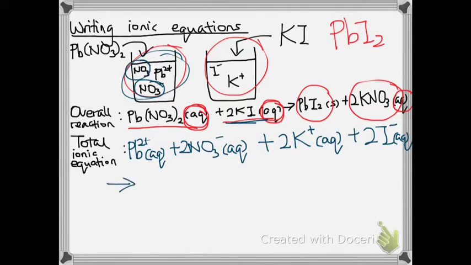Now, what about the products formed? For the products formed, we can see that here it is lead iodide being formed. This is a solid compound. Therefore, we will not split it up because it is not in the aqueous state. It does not split apart in solution, so we let it remain as a solid.